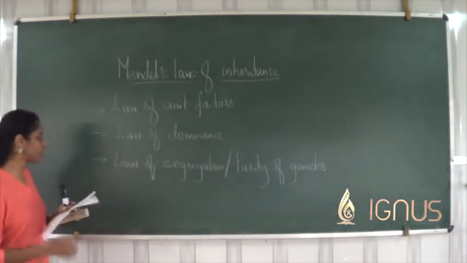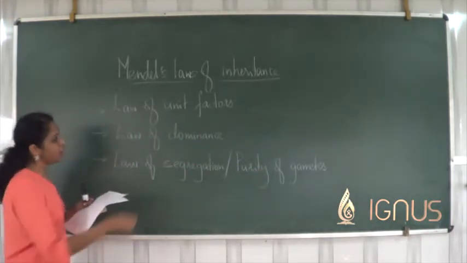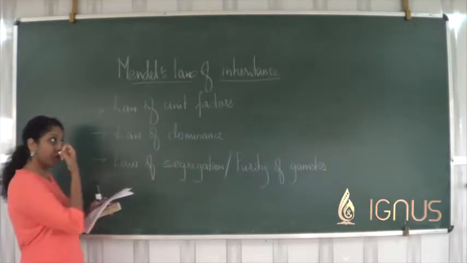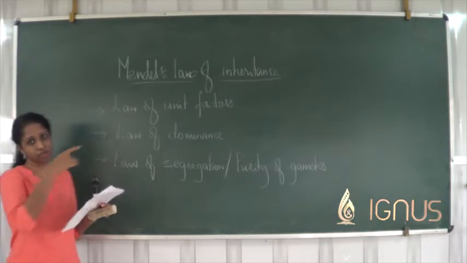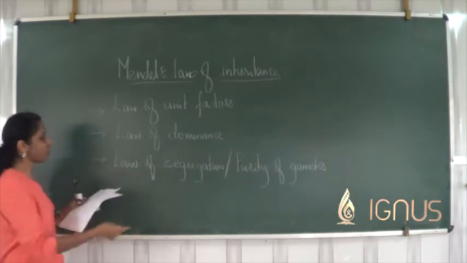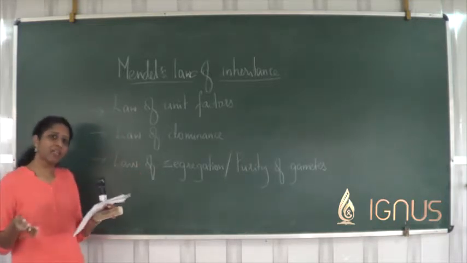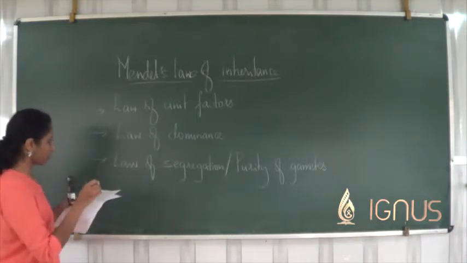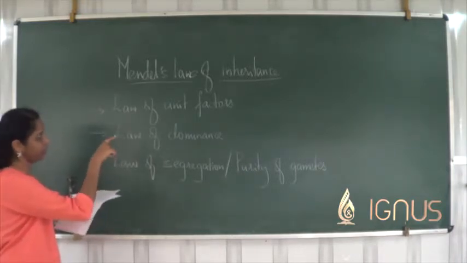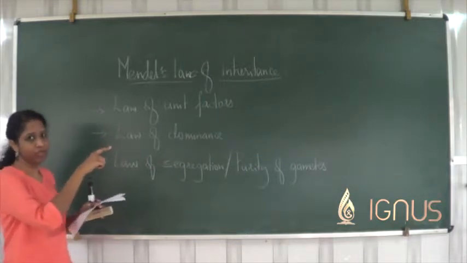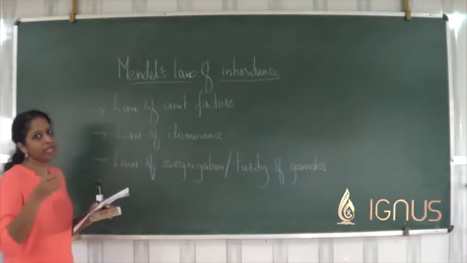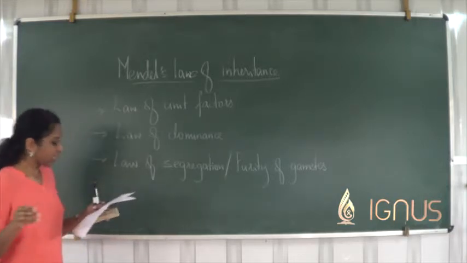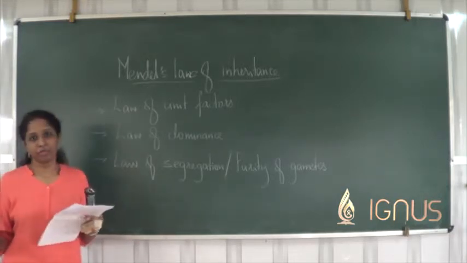Now when you come to the law of segregation or purity of gametes, it's again going back to what unit factors is saying. The law of unit factors and the law of segregation are kind of similar in the sense that when a pair of factors are brought together, like in unit factors, the factors segregate or separate during gamete formation.